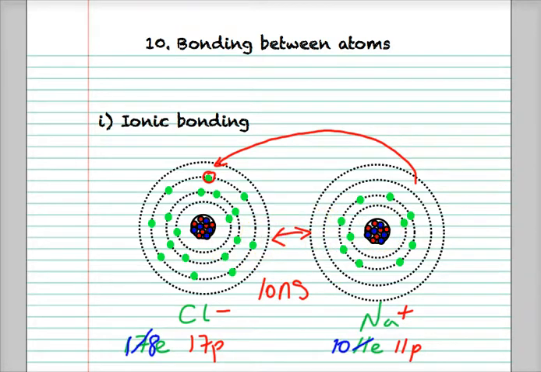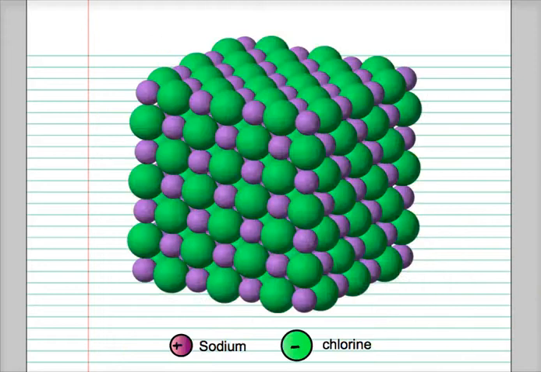These two ions, opposite charges, will stick very strongly together. They will bond together. Now if we put lots of sodium and chlorine together, sodium metal and chlorine gas, and we light it and the reaction occurs, we get sodium chloride. Sodium chloride you probably know as salt, and all the particles stick together. The positive sodiums and the negative chlorines all stick together in a big crystal structure, a big giant structure like this.